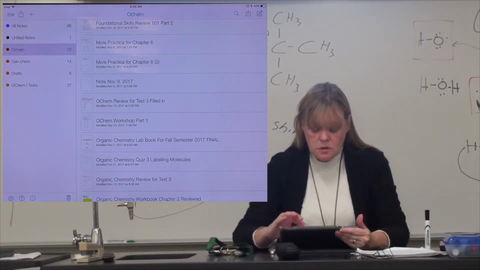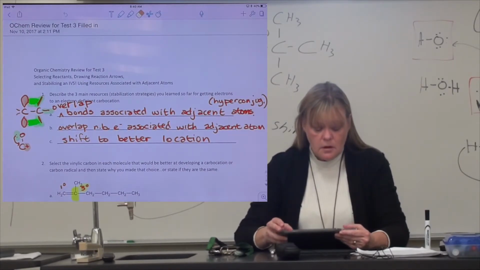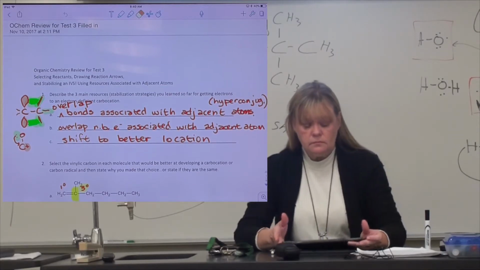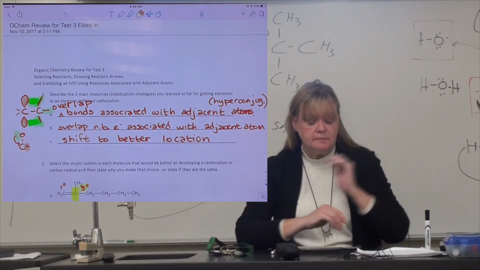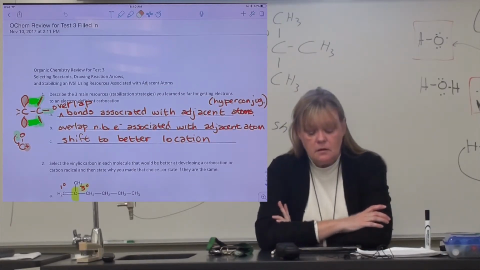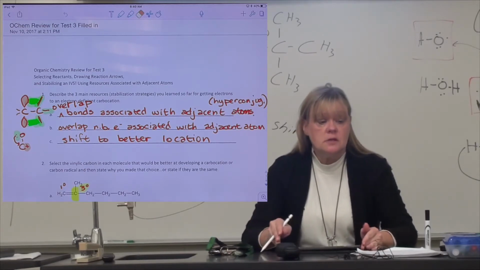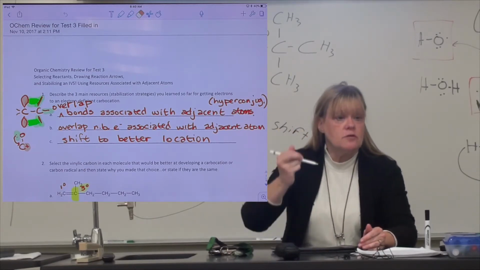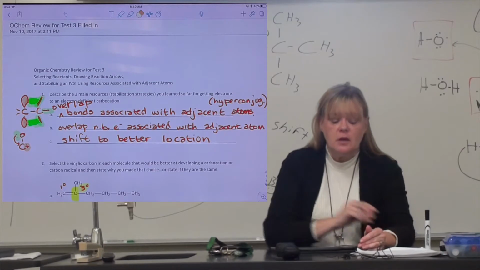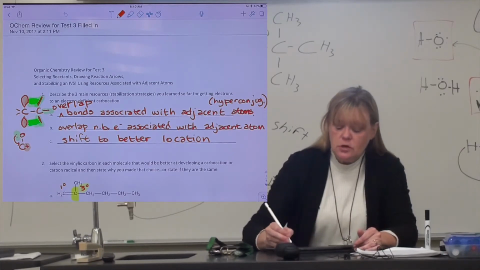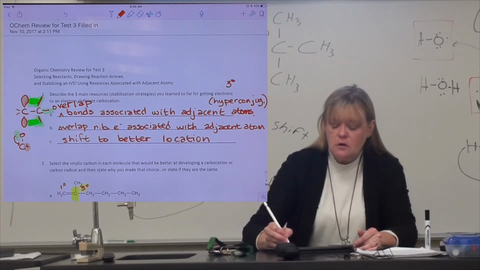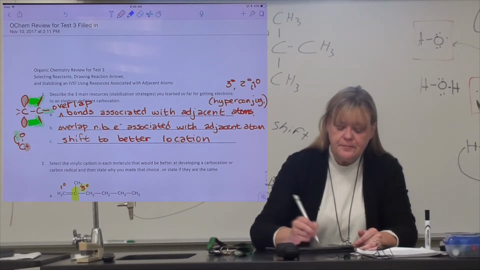Those are all resources for electrons. Okay, so this is now in totally backwards order from the way that you gave them to me, but the hyperconjugation is where you're saying, is this tertiary or is it secondary or is it primary? Whoop, primary. Yeah.